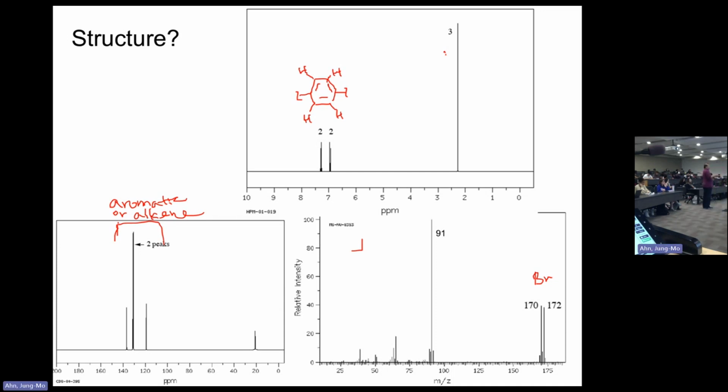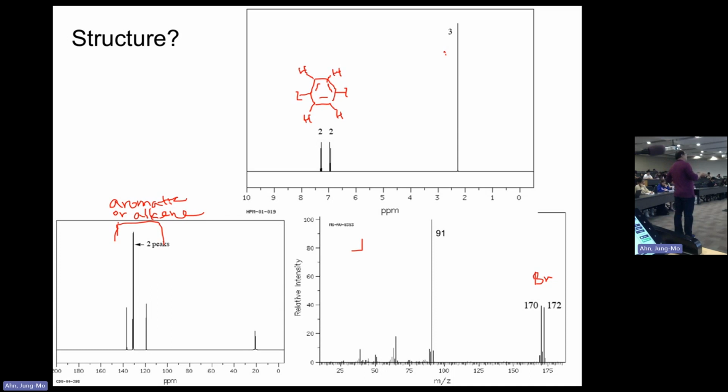Another thing is, we got doublets in the 7 and 8 ppm regions. So that is the aromatic region. Most likely we have benzene. And by the pattern, this should be a para-disubstituted benzene. So we have C6H4 as a piece there.